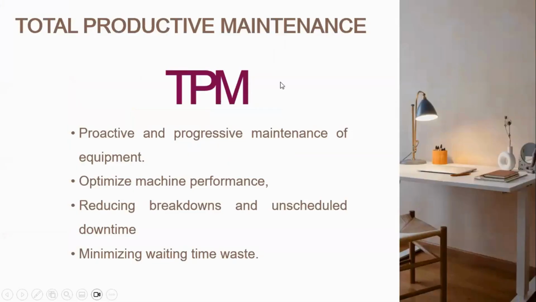Then the total TPM and then TQM, both are very powerful in lean. One, total productive maintenance, is talking about the production floor. For example, you have a machine, how do you optimize the machine performance?